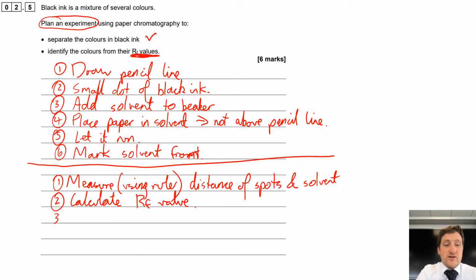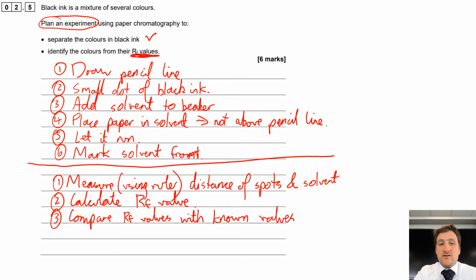Our third step, this is the step that a lot of people miss, is we've got our RF value. What do we need to do? We need to compare our RF value with known values. Okay, that's the extra step. Compare RF values with known values.